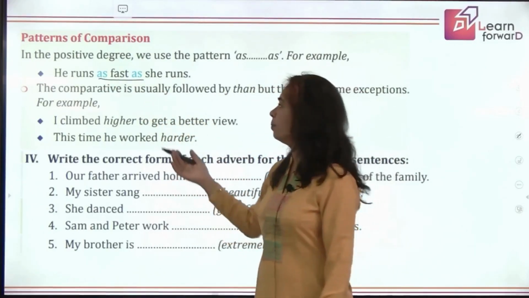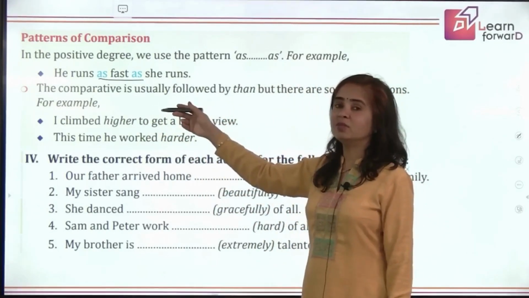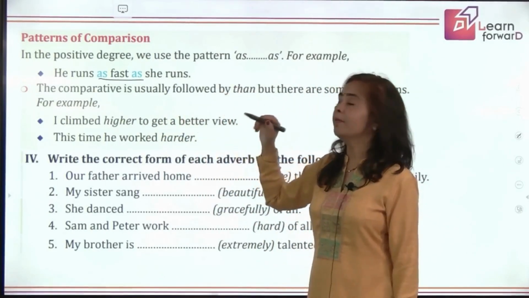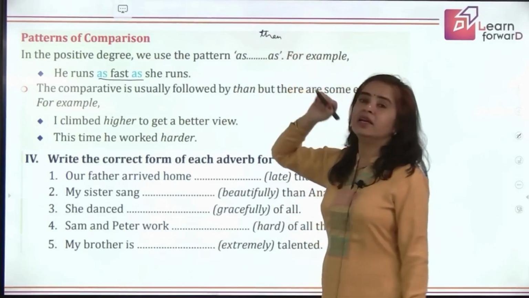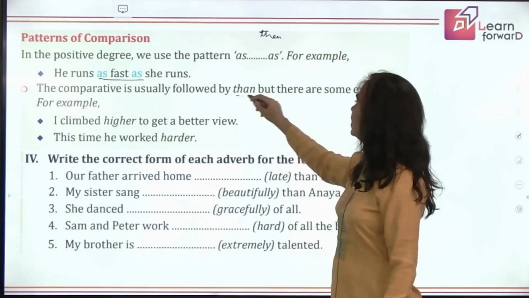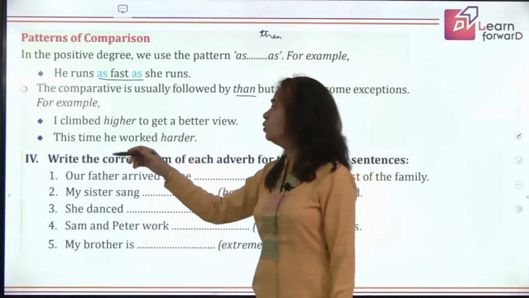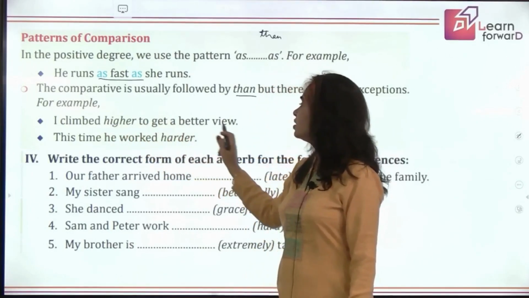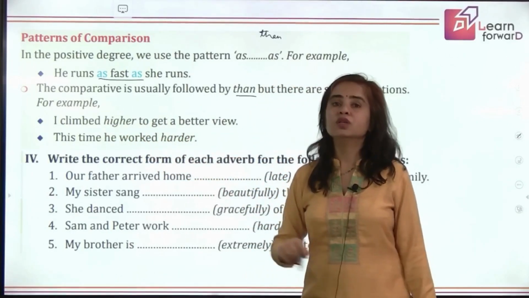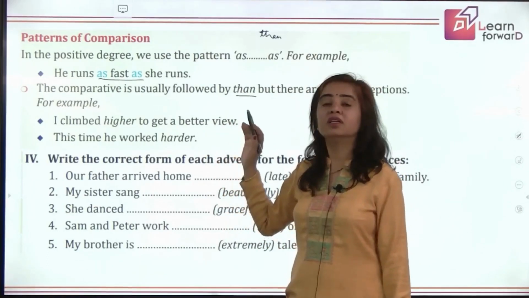There is no comparison. Now, comparison here in adverbs, just like in adjectives, the comparisons are followed by the word than. But what are the exceptions here? Sometimes we use to also. I climbed higher to get a better view. So we do not use the word than here.